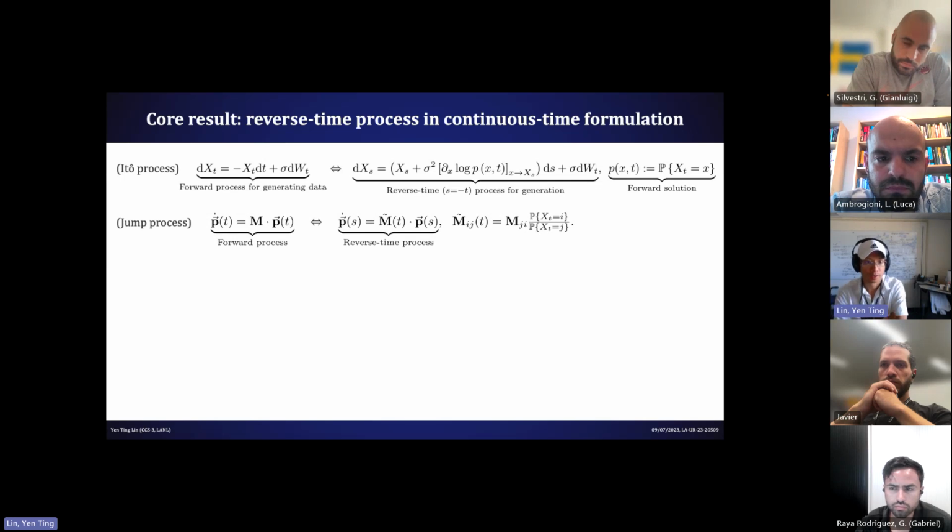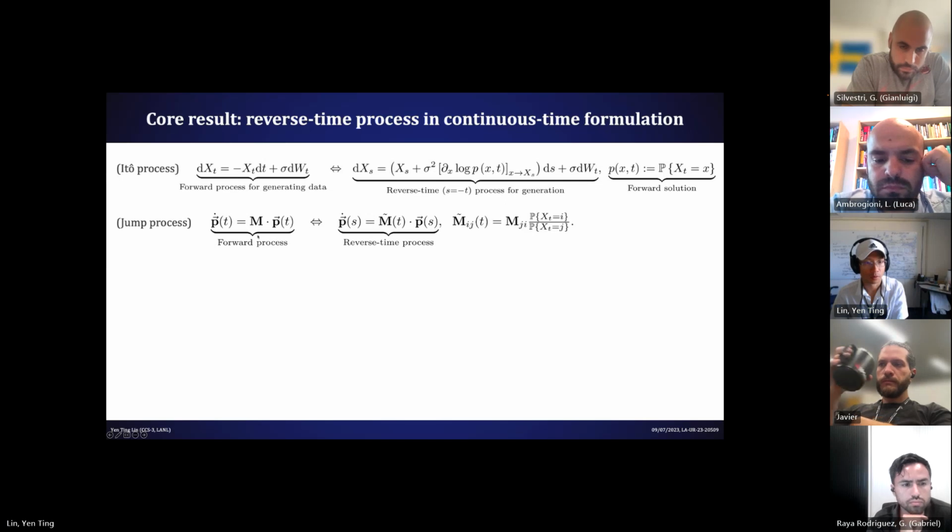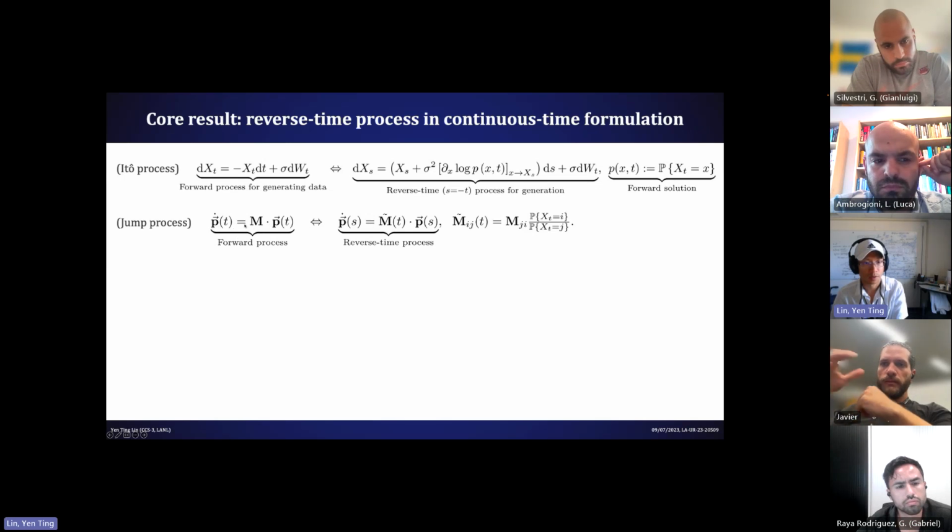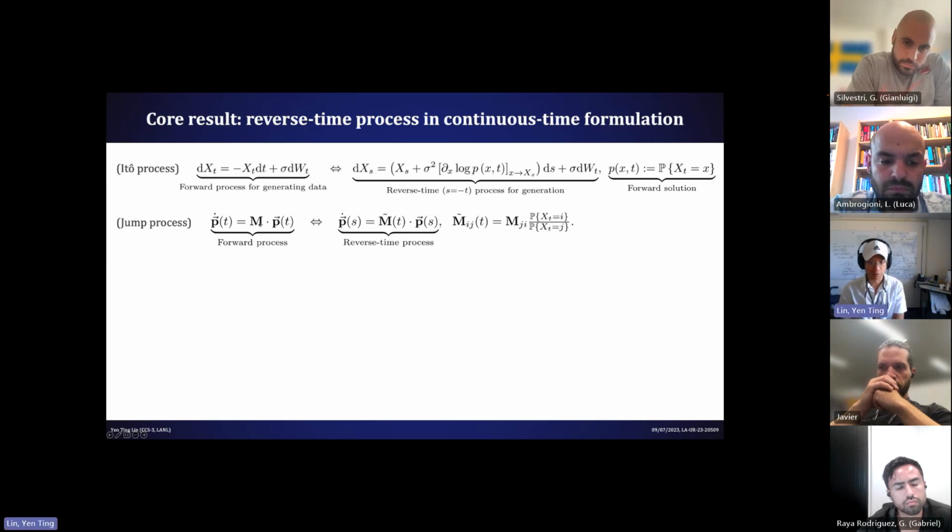Now, for the jump process, as it turned out, in the nomenclature here, we have a forward process written down as a master equation. As it turned out, the reverse time process is also a master equation.